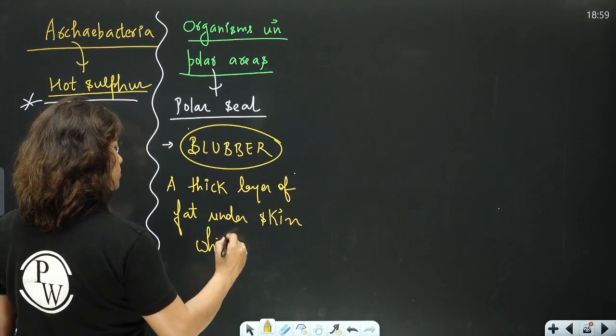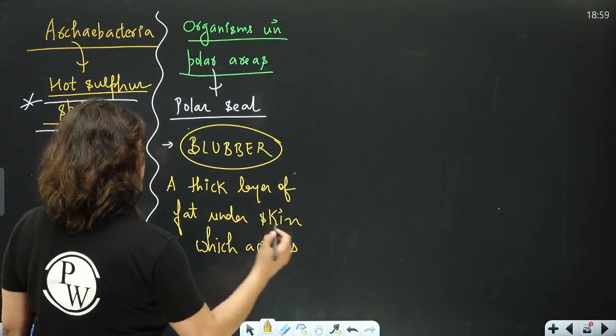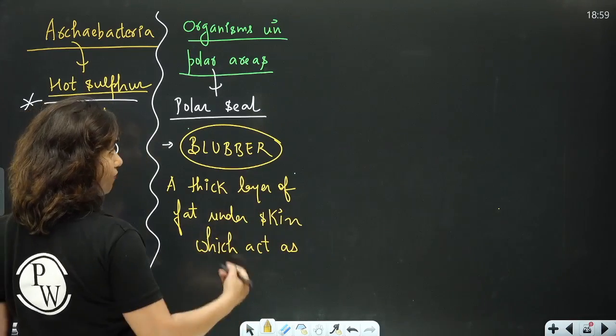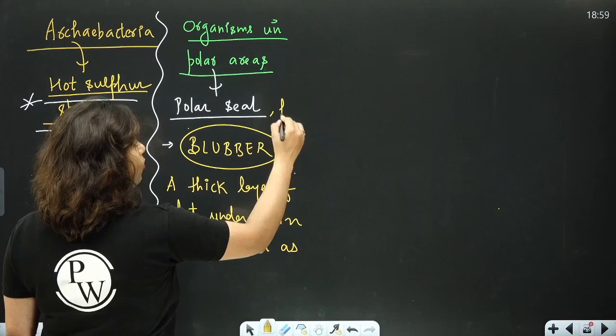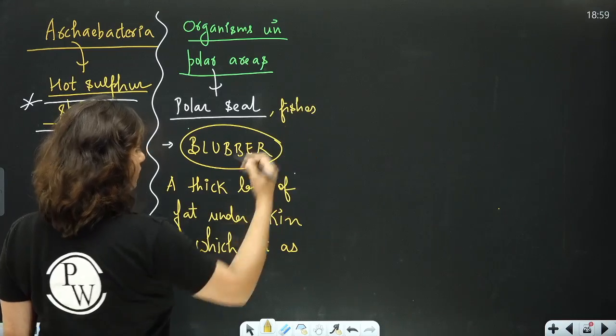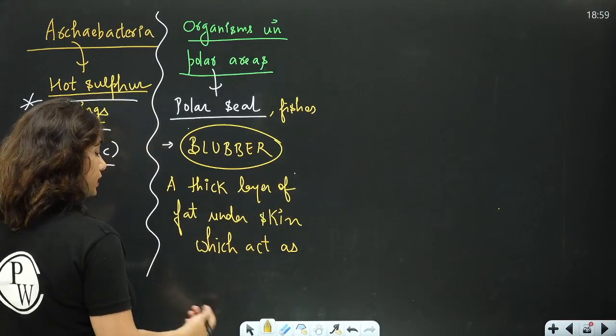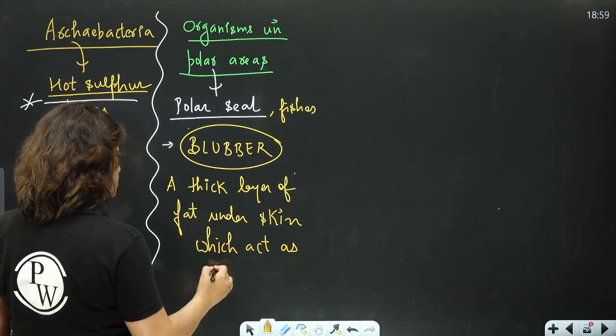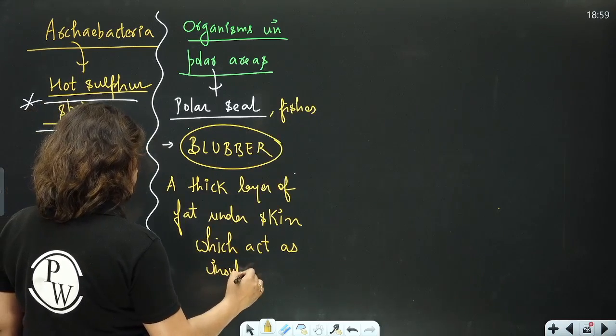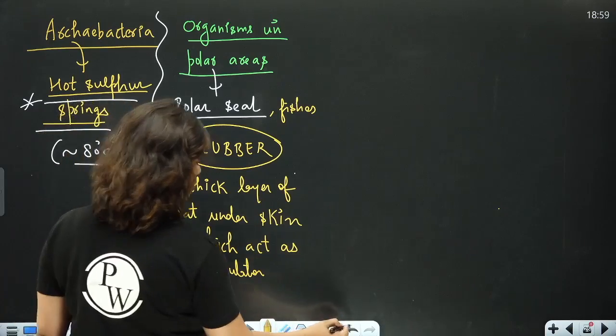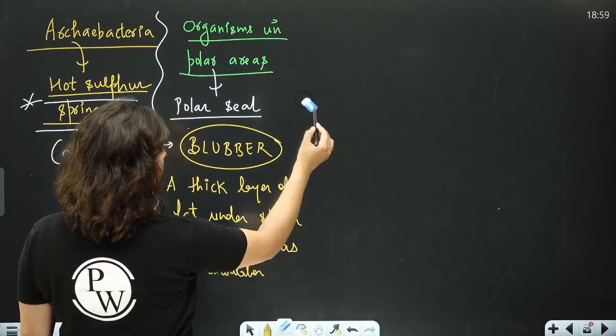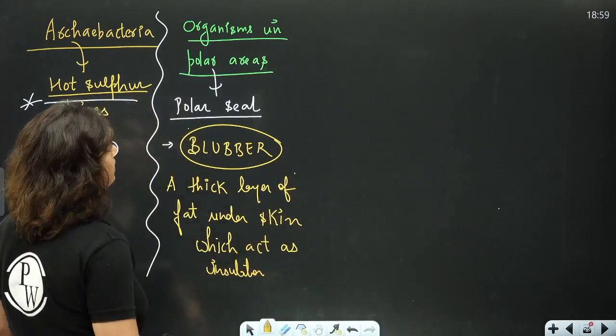So this is again important: aquatic organisms like the polar seal, which are found in the polar areas, have a thick layer of fat under the skin which acts as an insulator.